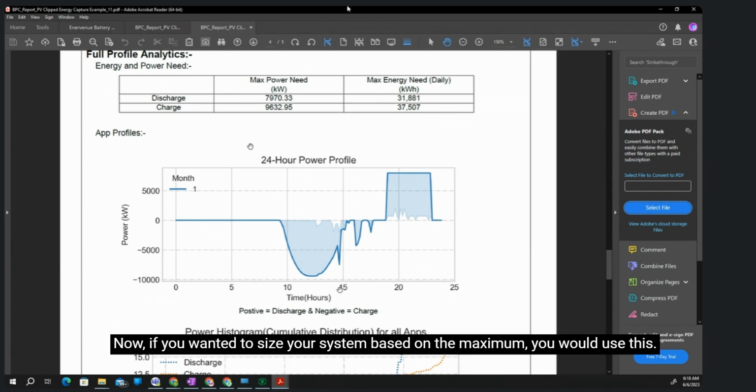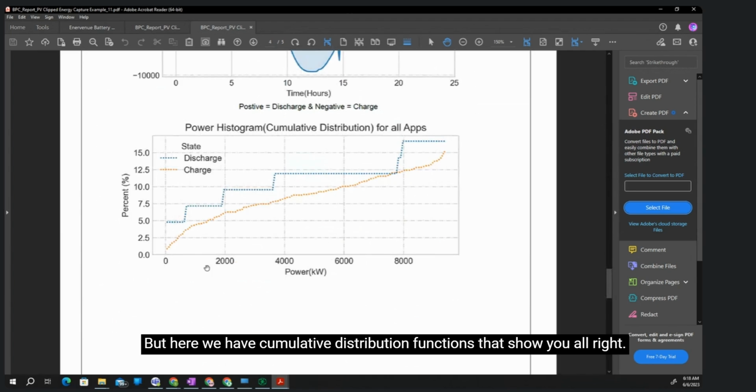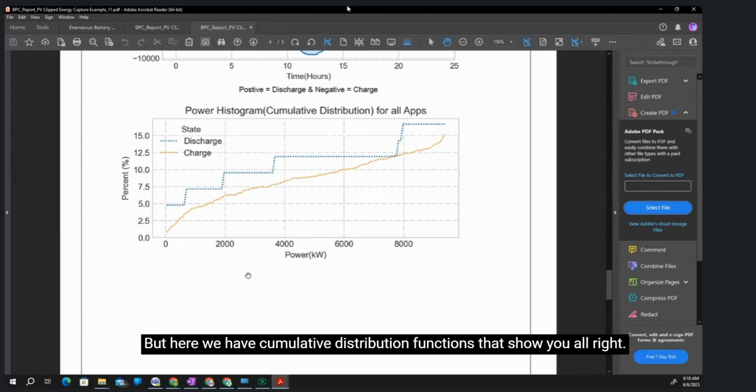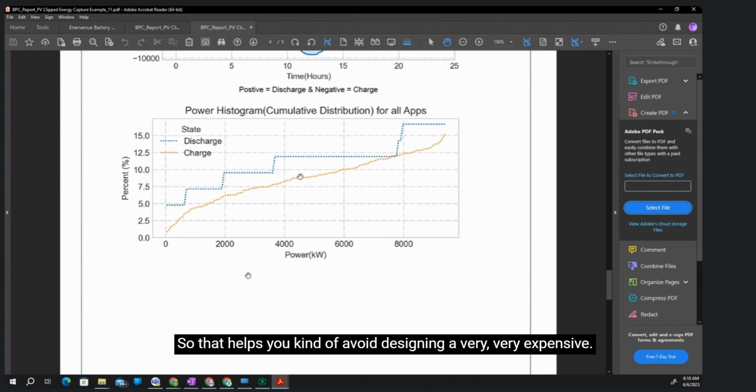Now, if you wanted to size your system based on the maximums, you would use this, but here we have cumulative distribution functions that show you how often you got points that were at 9 megawatts. So that helps you avoid designing a very, very expensive system for just one day of operation.